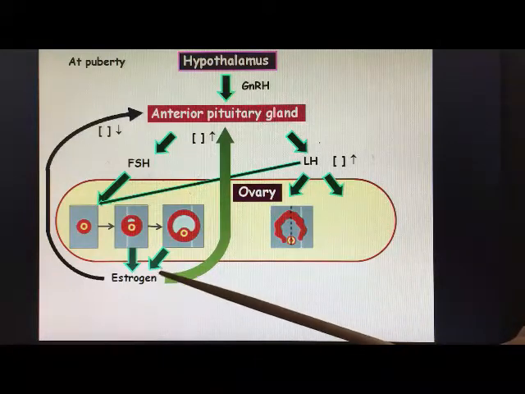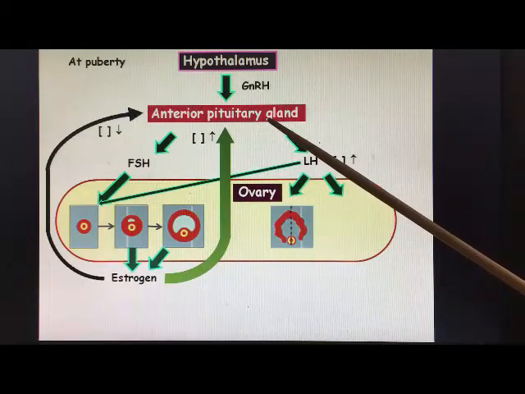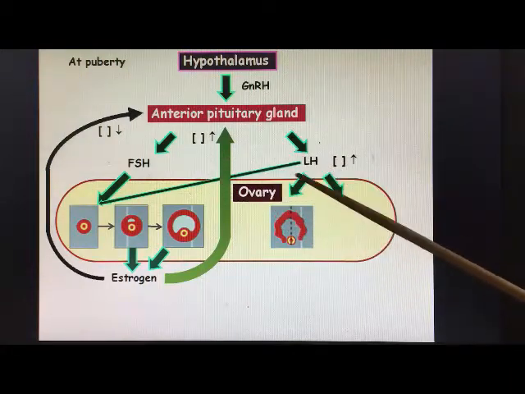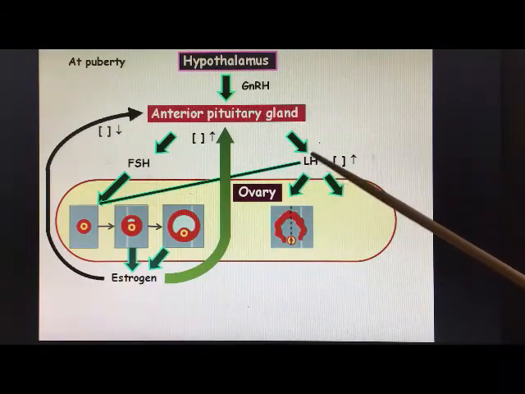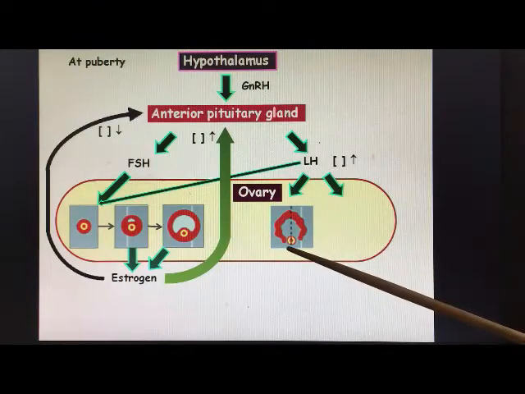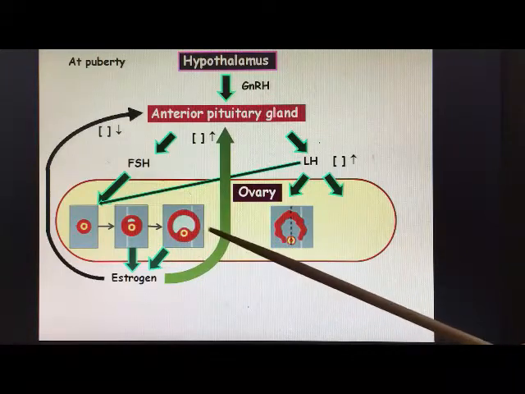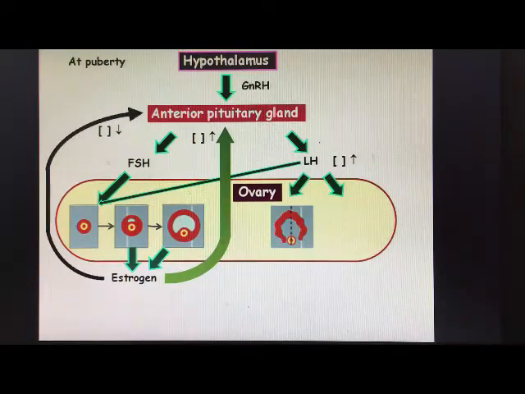So when the estrogen is in high concentration, it will stimulate the anterior pituitary gland by positive feedback to secrete more FSH and LH. So a high level of LH will start to stimulate the ovulation process. This is proper because during this time, the follicles have already matured into Graafian follicles.